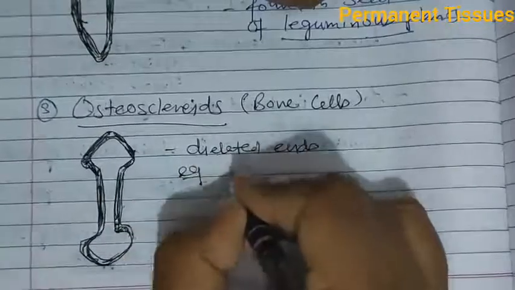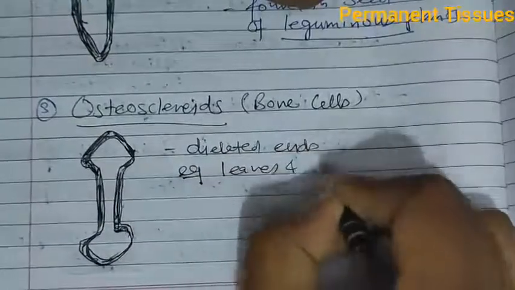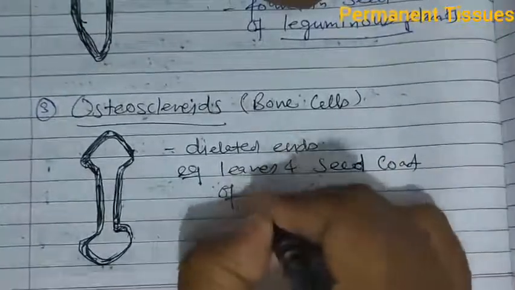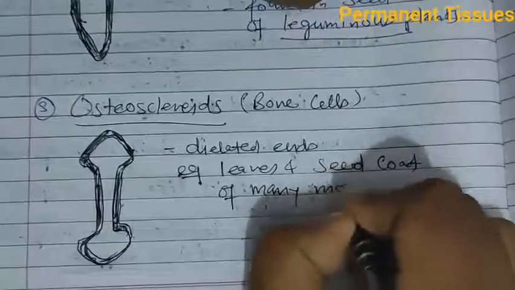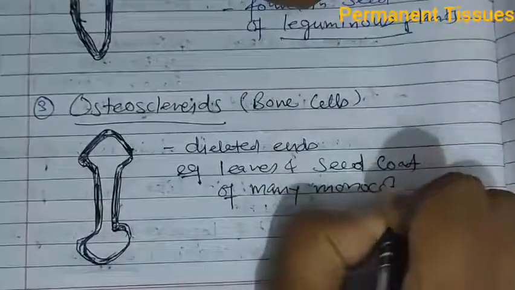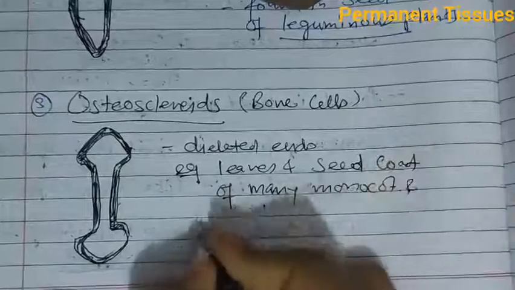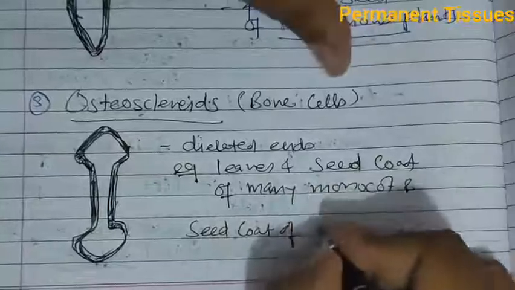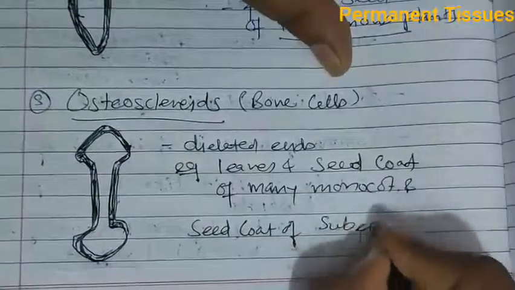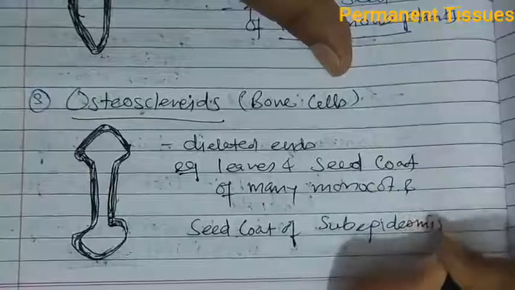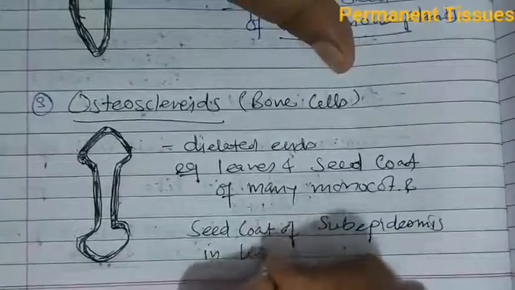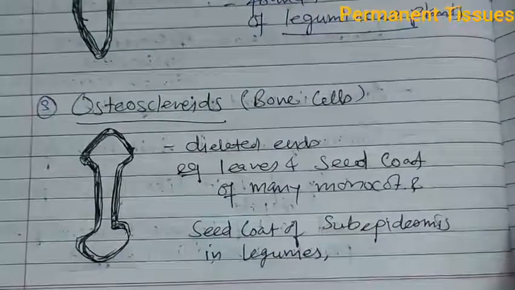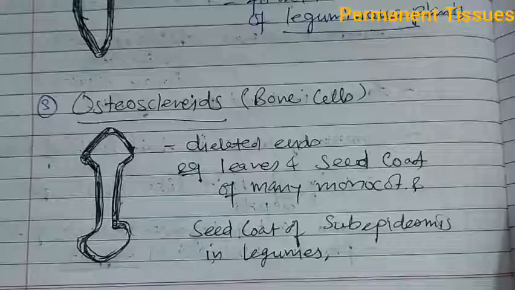They are found in leaves and seed coat of many monocots, and in the subepidermis of the seed coat in legumes.